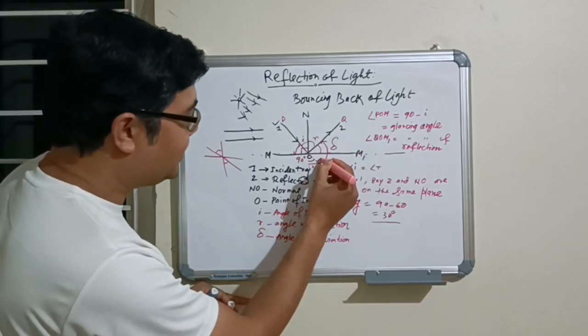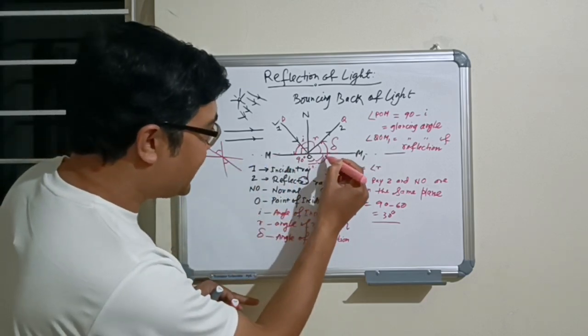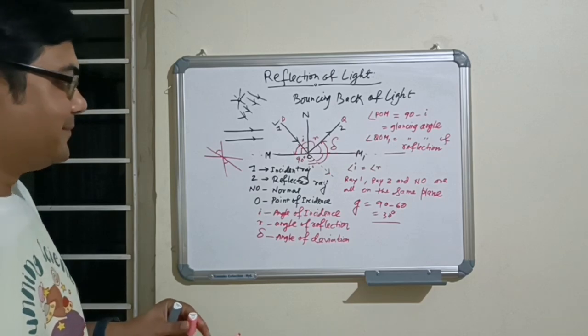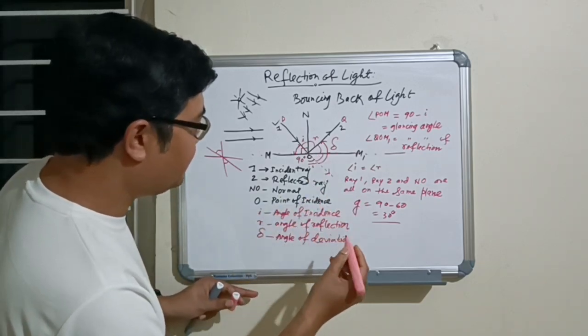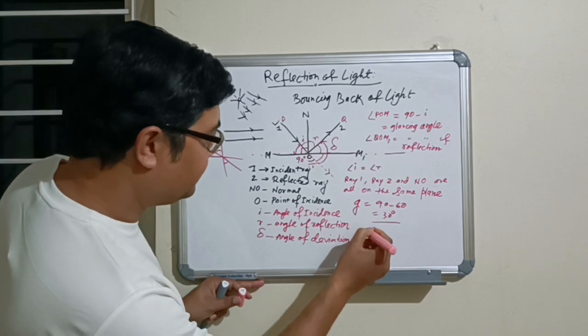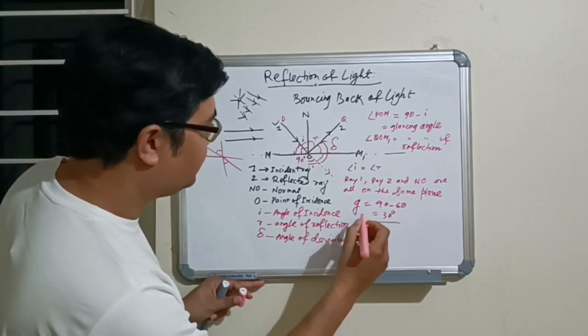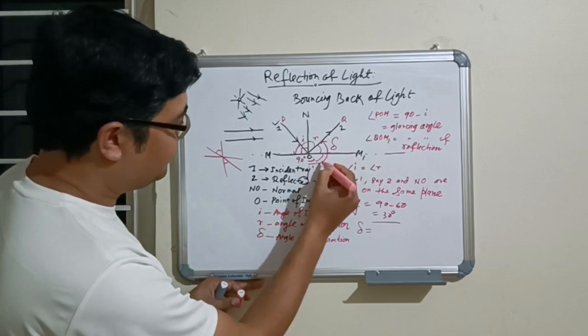And what about this angle then? This angle means 90 minus I, correct? So let's write delta is equal to, first I need to measure this angle.